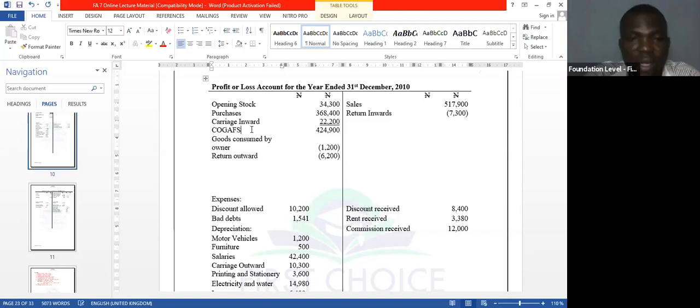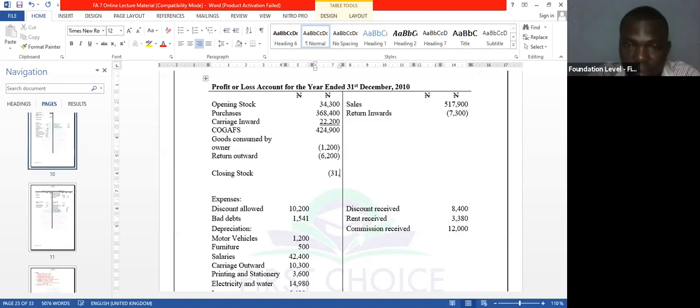Now there's a return inward. Oh, there's one item that we have not done yet, our closing stock, which is very important. That's our first additional information. What is our closing stock figure? Our closing stock is a total of 31,800.